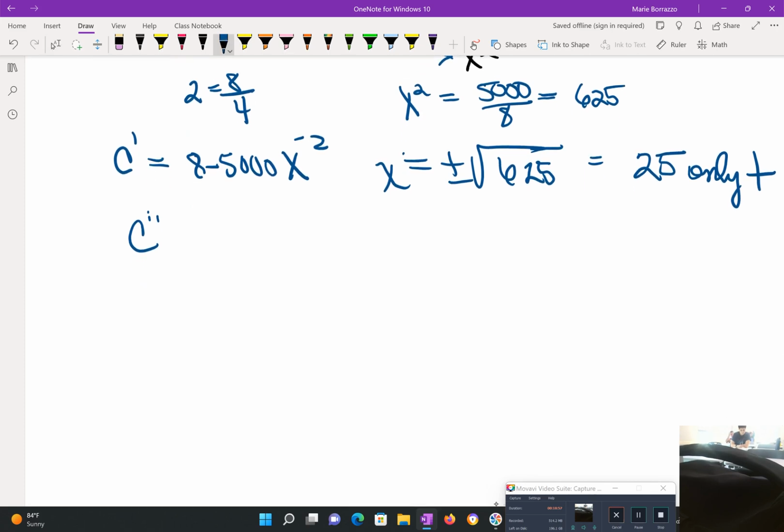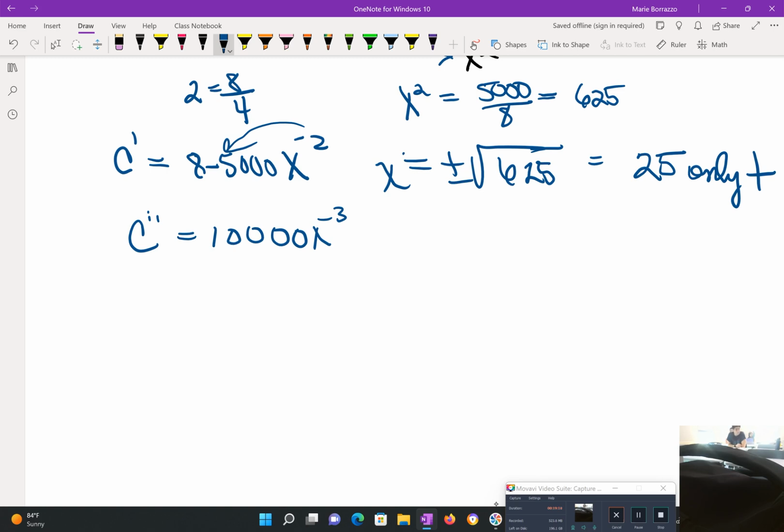I'm going to take the second derivative, which is going to yield me positive 10,000. Do you see where I'm getting that from? So this times this, right? Take away 1, so now this becomes x to the negative 3. Does that make sense?